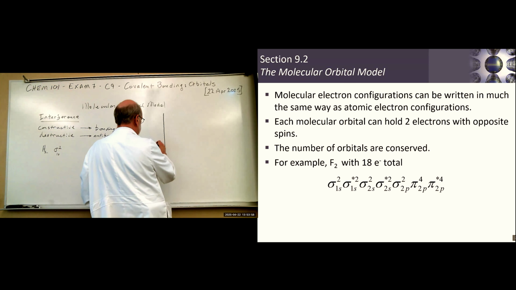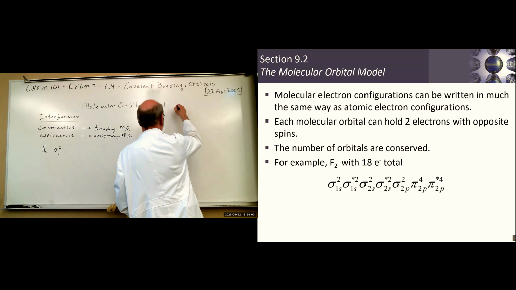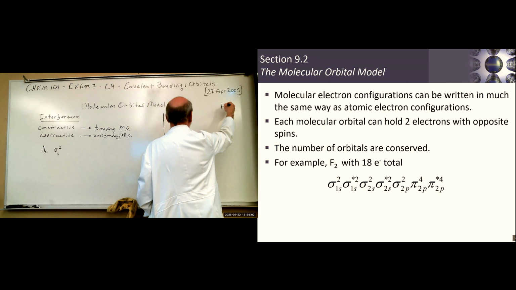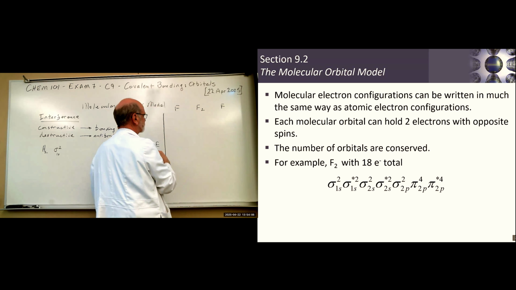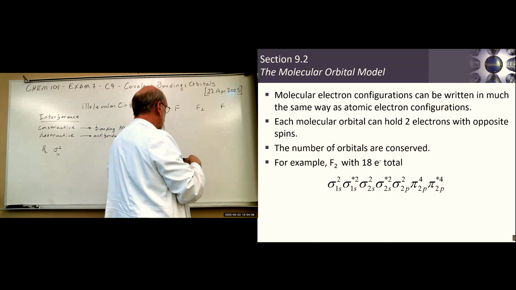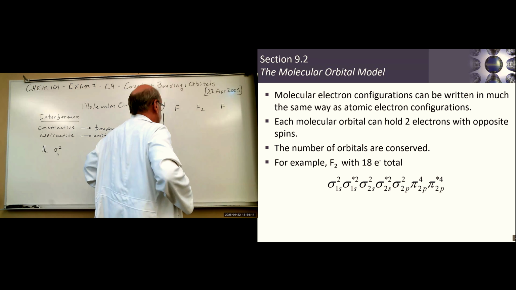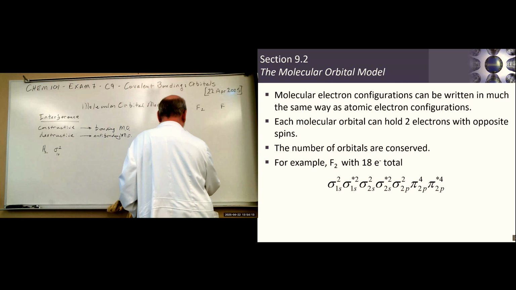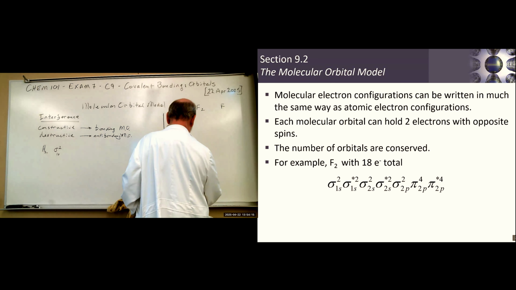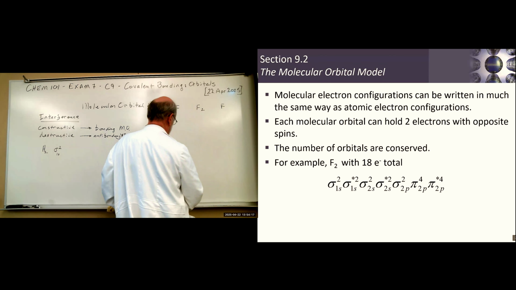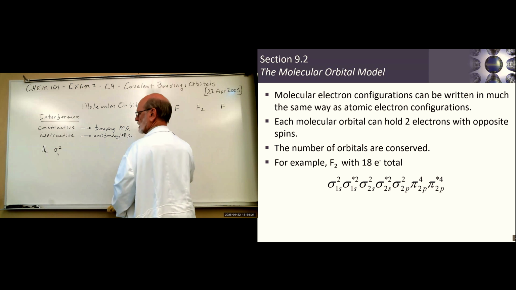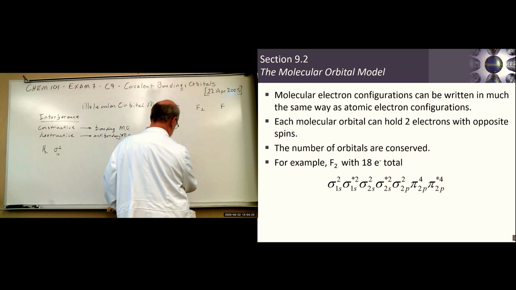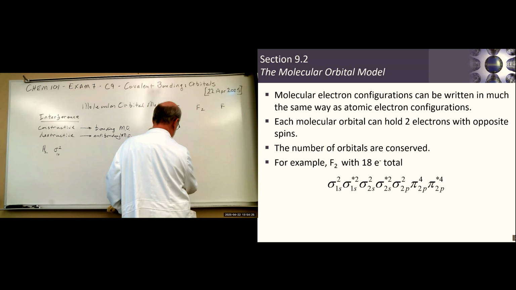So here we have our energies again, and we have our fluorine atom, and our molecule formed from those 2 atoms. We know that the electronic structure for fluorine is going to start with a 1s, and it's going to go to a 2s. We'll put a 2s right in here.